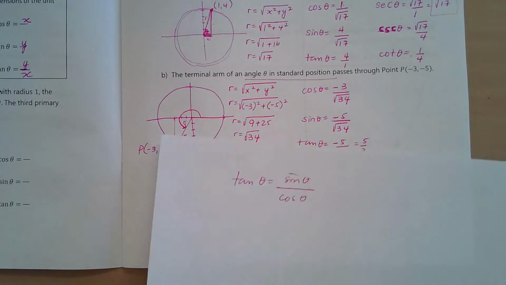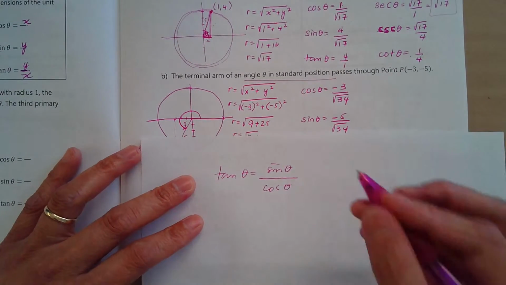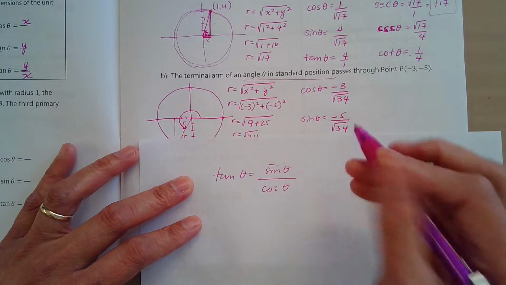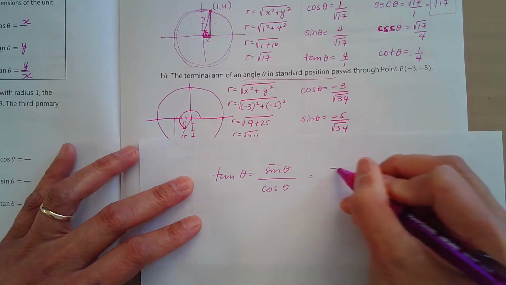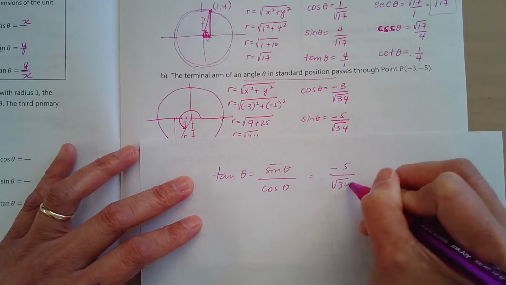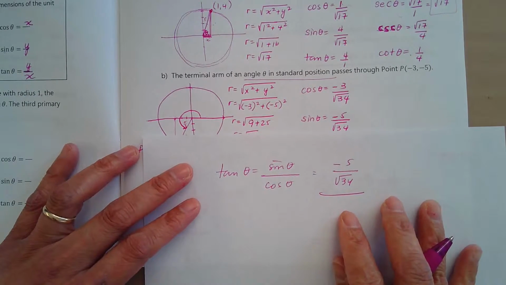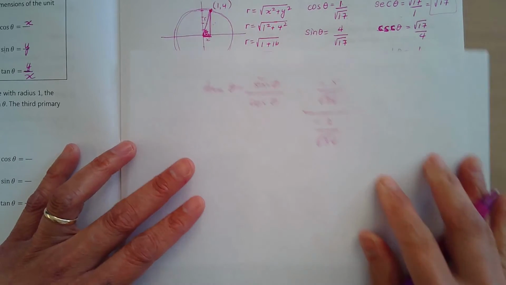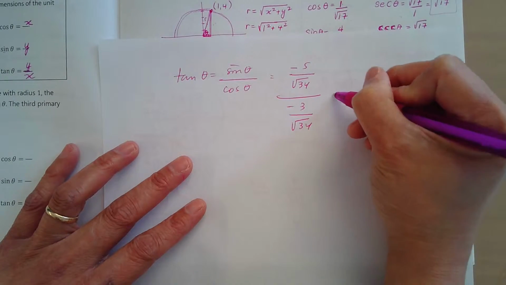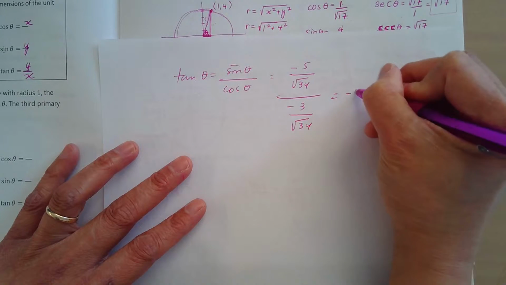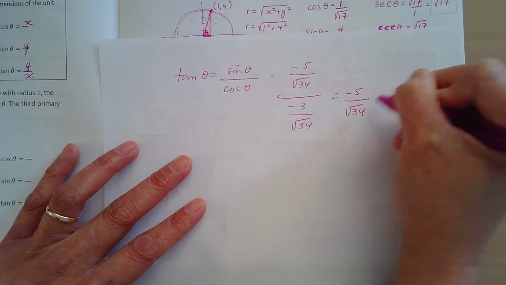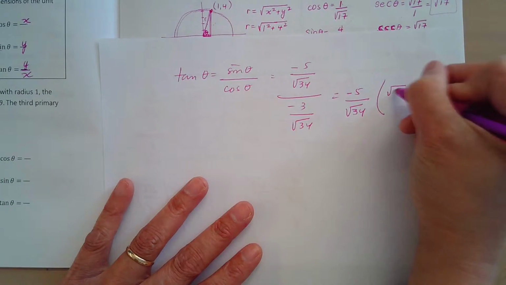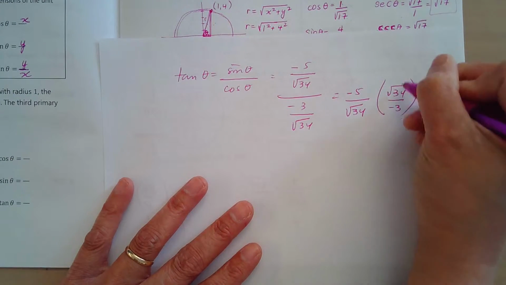What's the long cut? The long cut would be, if you know what this is, sine theta is -5 over root of 34. Cos theta is -3 over root of 34. And then it's the same thing as multiplying by the reciprocal, so -5 over root of 34 times the reciprocal of this, root of 34 over -3.